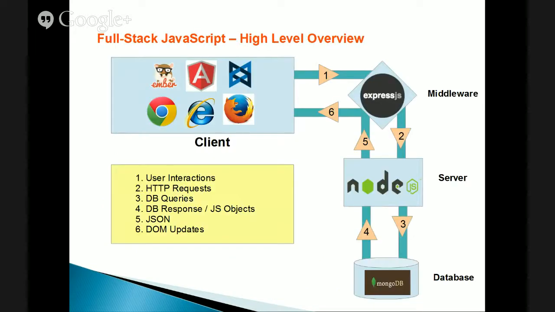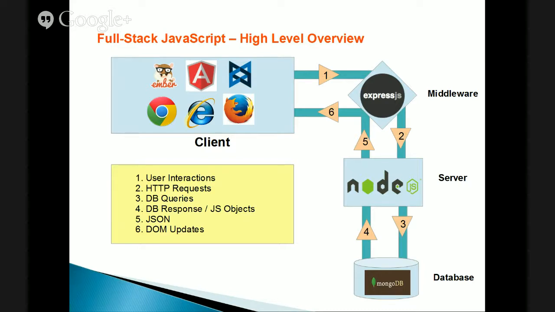Now this is a high-level overview of how a full-stack JavaScript application looks. We have the client. The client has browsers like Chrome, Internet Explorer, and Mozilla Firefox. We have the client-side JavaScript frameworks, for example Ember.js, AngularJS, and Backbone.js.